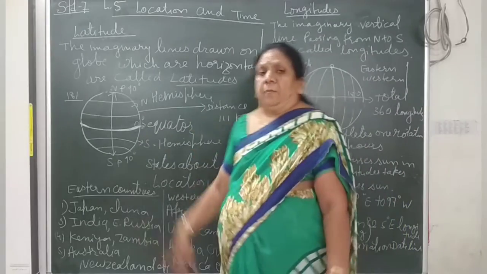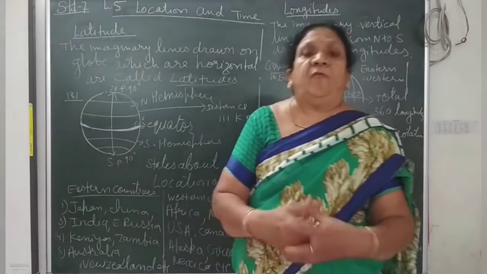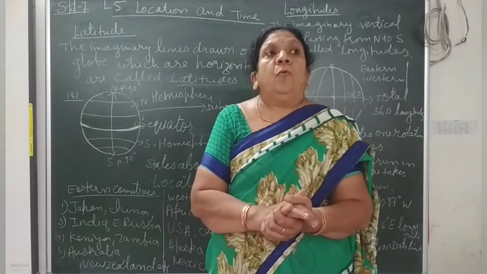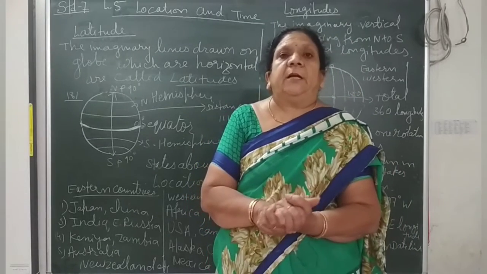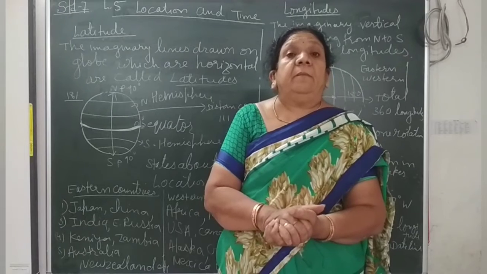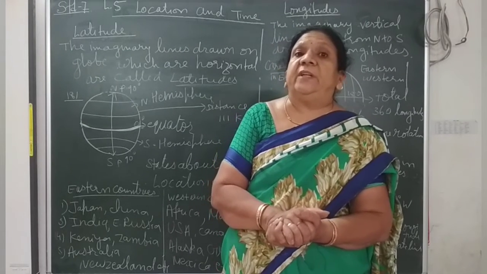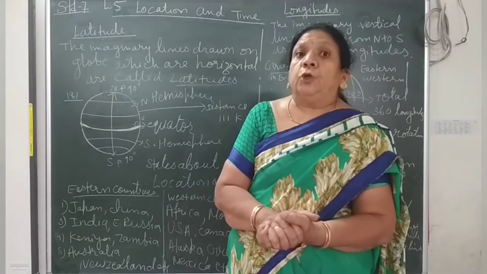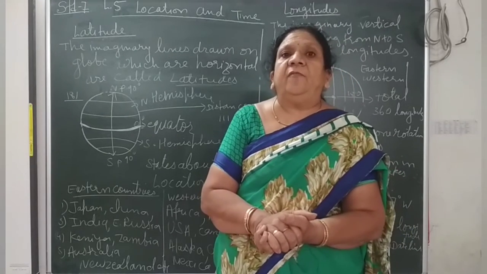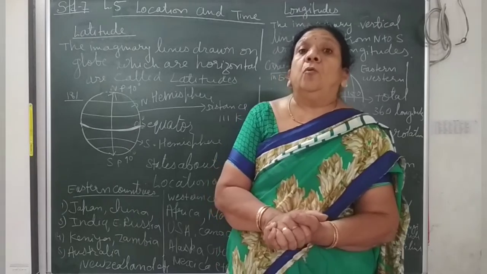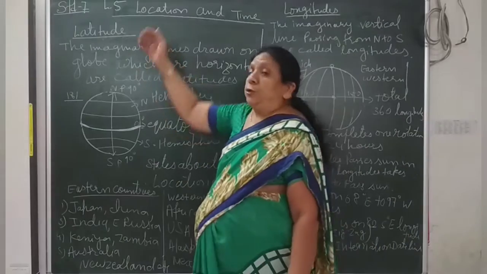Now we can see what is the use of latitude. It was Magellan, the ship sailor. When they were sailing, it was very difficult for them to know which country is situated where, which place. So it was very important for them, and they were the people who found out the latitudes.